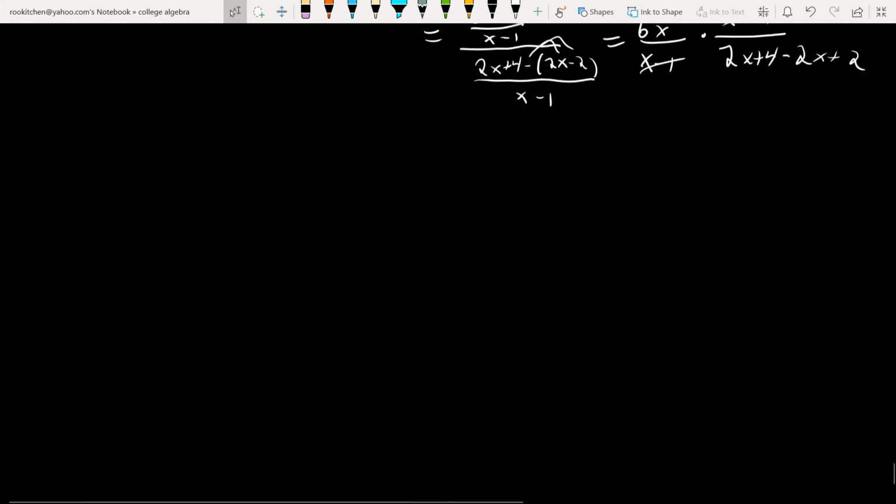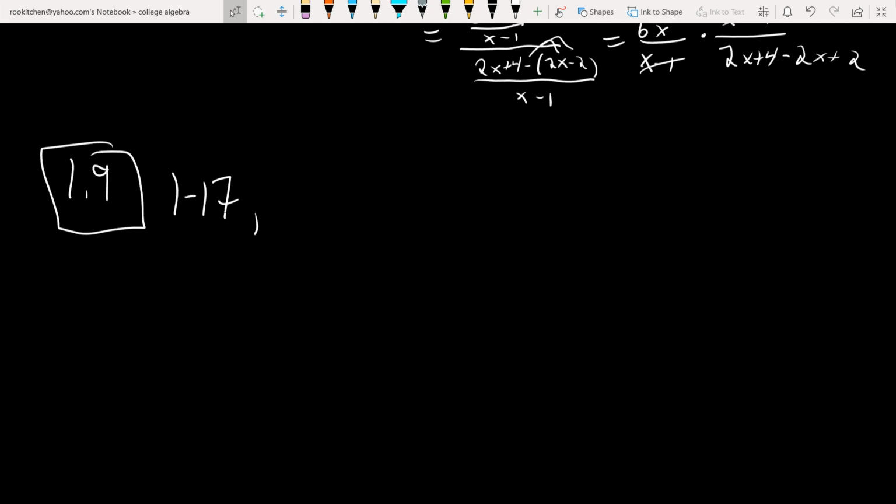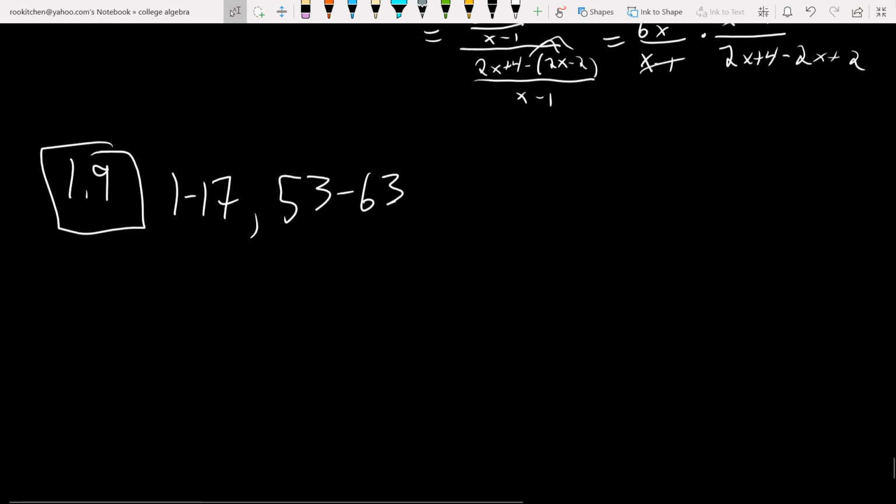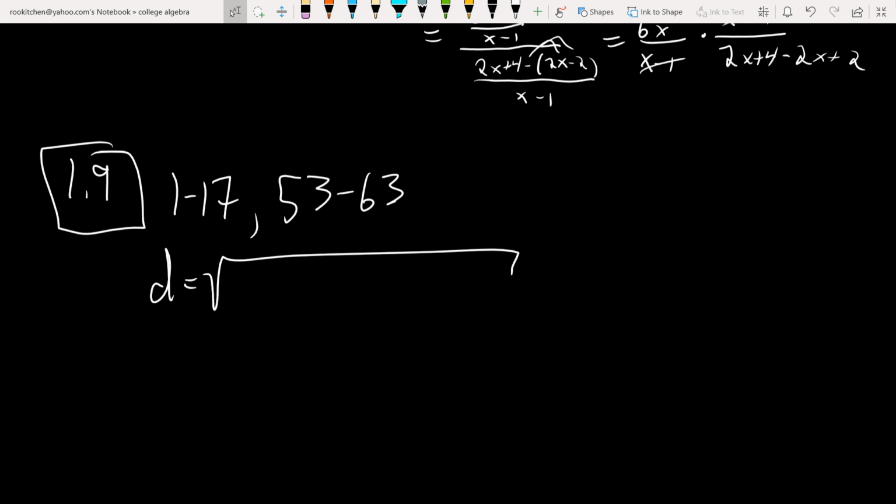Let's move on to 1.9. So I'm looking at problems like 1 to 17 odd, and then 53 to 63 odd. Okay, and what is that? It's distance formula stuff and circles, equations of circles. So you have to know the distance formula. You have to have that memorized.